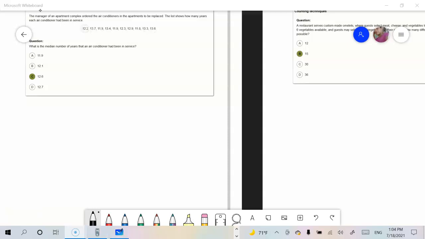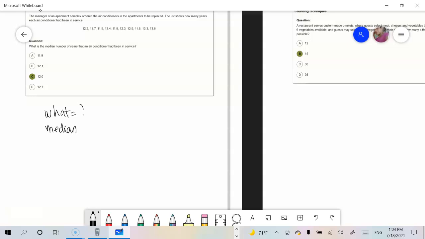One has been in service for 12.2 years, the other one for 13.7, and so on and so forth. The question says, what is the median number of years that an air conditioner had been in service? I want you to pay attention to the question, because what is the problem asking you to find? It's asking you about the median.